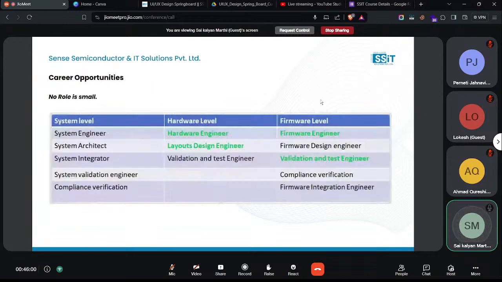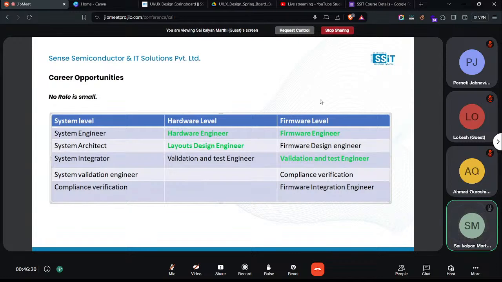Next, coming to the career opportunities. I have just broadly divided them into three different levels: one is system level, one is hardware level, one is firmware level. The system engineer takes the requirements from the sales team or marketing team. He is going to execute them, and he is going to divide the hardware and the software, as I explained in the previous slides.